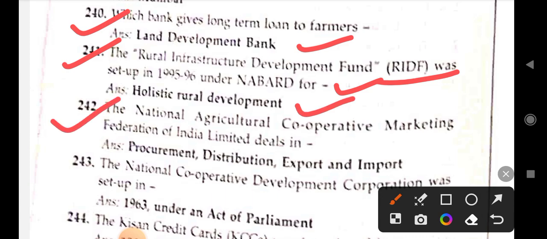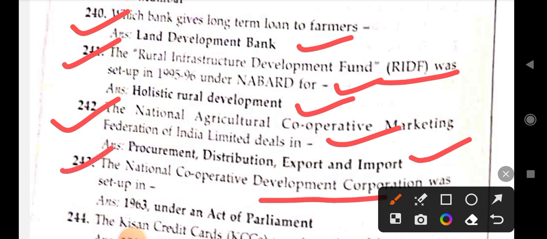The National Agriculture Cooperative Marketing Federation of India Limited deals with procurement, distribution, export and import. The National Cooperative Development Corporation was set up in 1963 under the Act of Parliament.